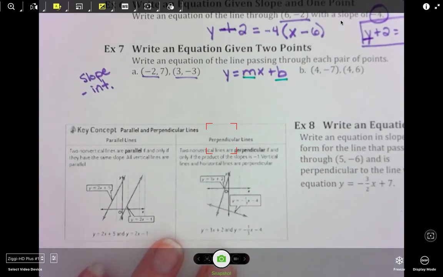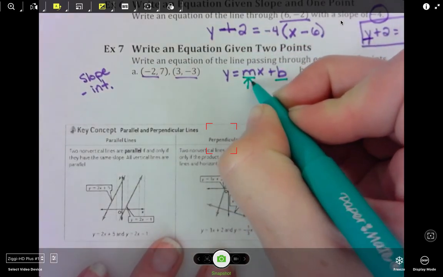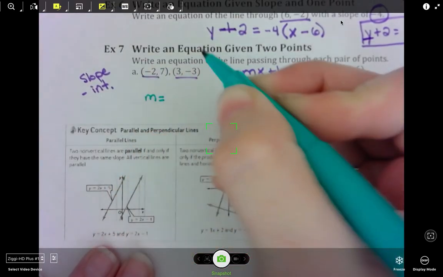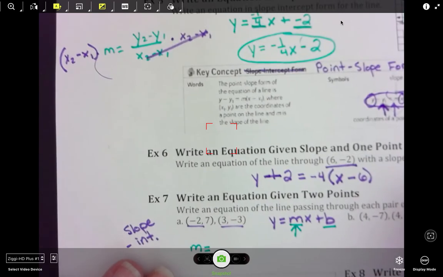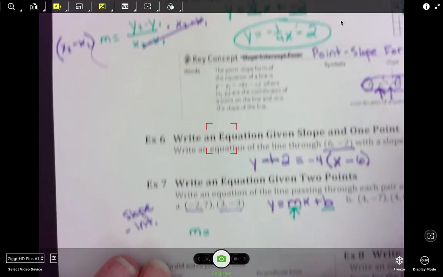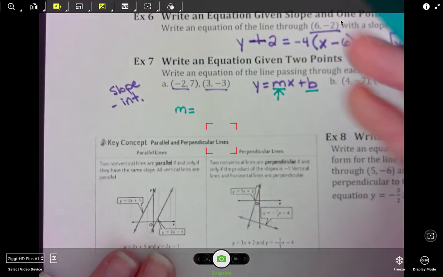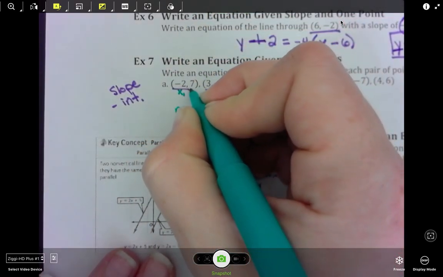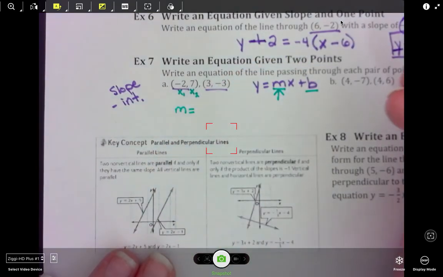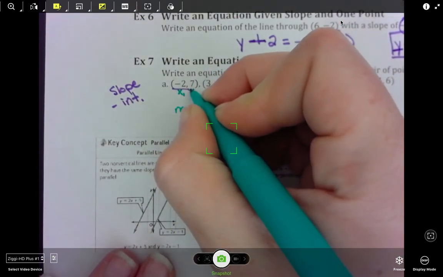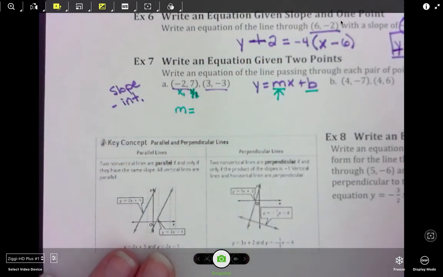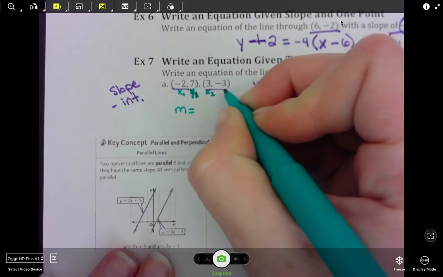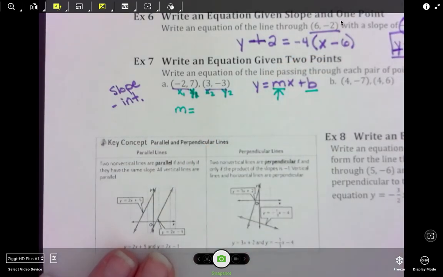Okay, and I'm always going to find m first. To find m, I'm going to use that y2 minus y1 over x2 minus x1 like I have up here. So I'm going to label these. -2 is my first x-coordinate. 7 is my first y-coordinate. 3 is my second x-coordinate, and -3 is my second y-coordinate, okay?